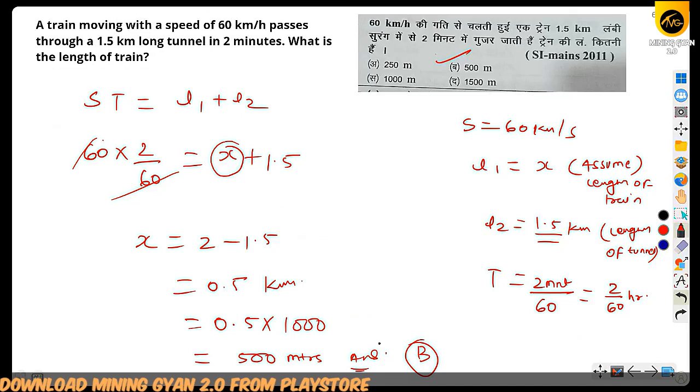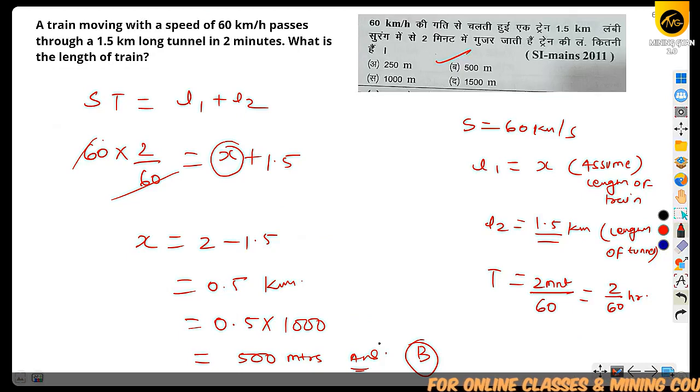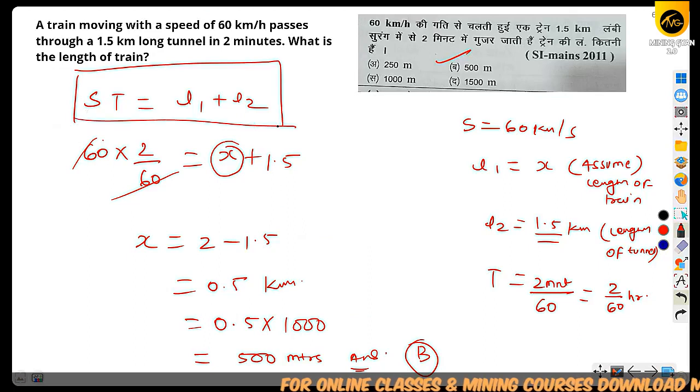Okay, so always remember, if they are asking any kind of length, then we have to add all the lengths, like length of tunnel or length of pole, or length of train. We have to sum all the lengths like this. S times T is equal to L1 plus L2 plus L3, L4, like this.